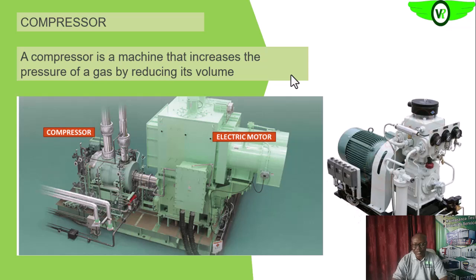But in the case of a compressor, they handle compressible fluids, and from the way they function, they reduce the volume of the air in this case, or the gas, or the compressible fluid. They compress it to increase its pressure. With that, it could either be stored as such, or because of that compression energy that has been stored in it, it could be transferred to another point in your facility.